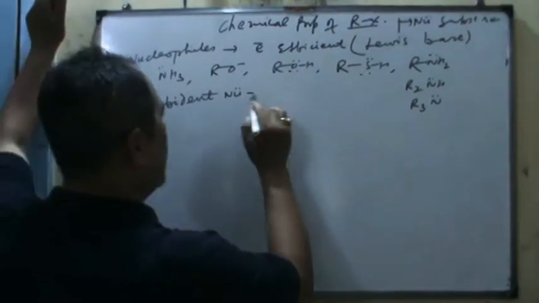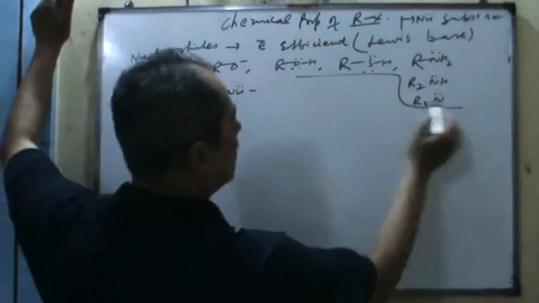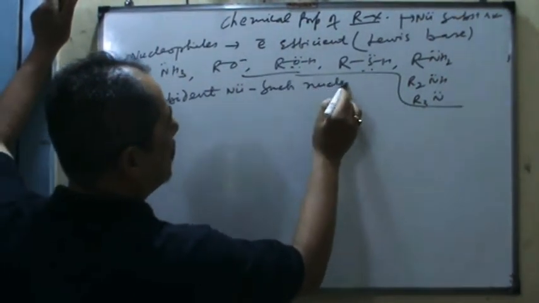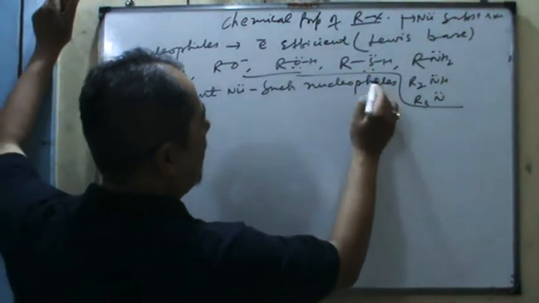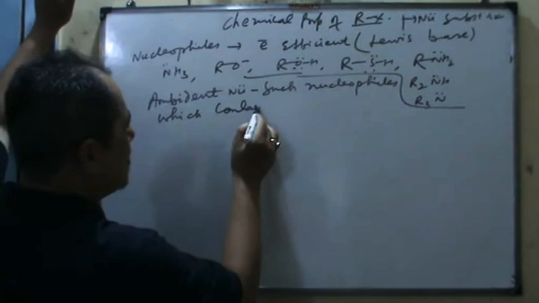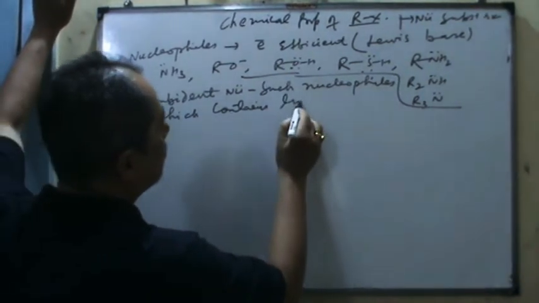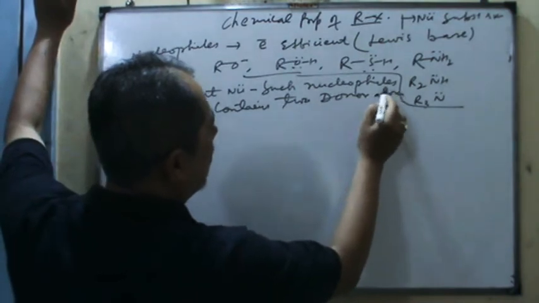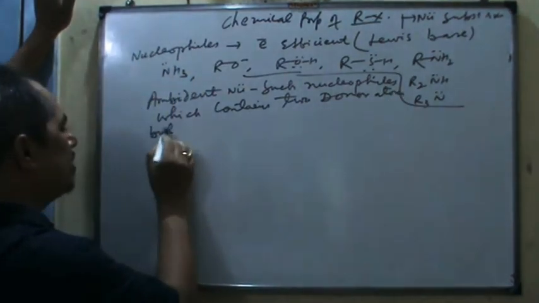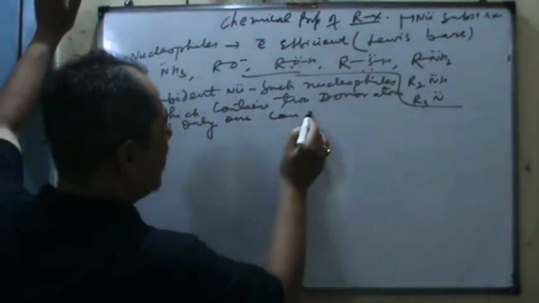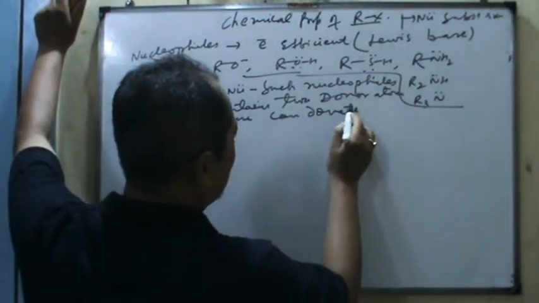So ambident nucleophile means such nucleophiles which contain two donor atoms but only one can donate.